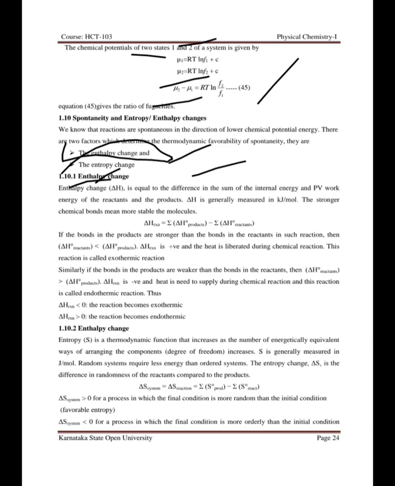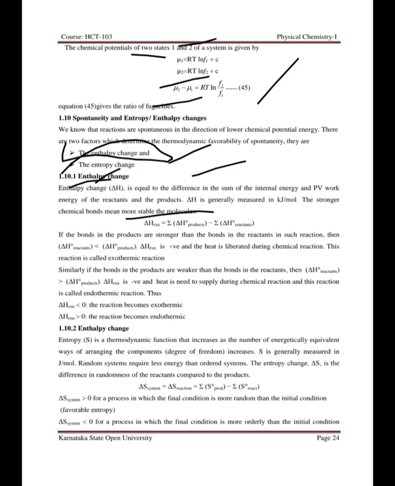So next is the enthalpy change, and the enthalpy change is denoted by delta H. H is enthalpy, and delta H denotes the enthalpy change. Enthalpy change is equivalent to the difference in the sum of internal energy with respect to pressure, volume, work, energy of the reactant and the product. So that is the enthalpy change.